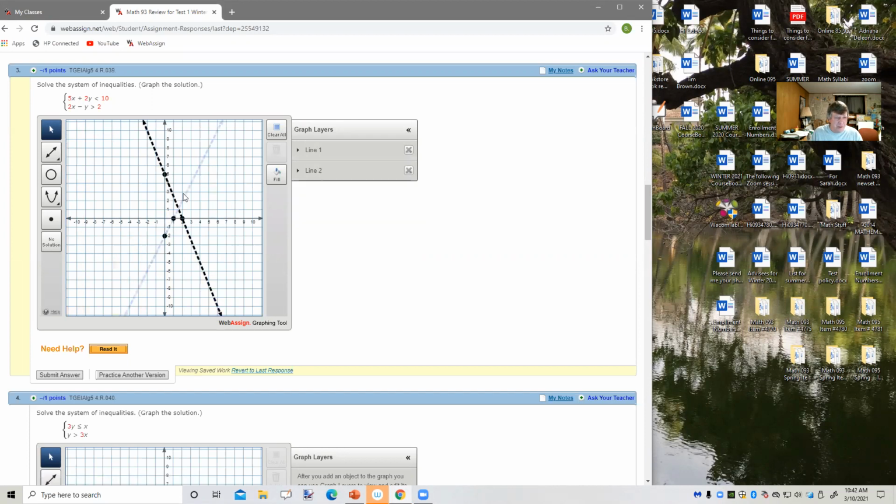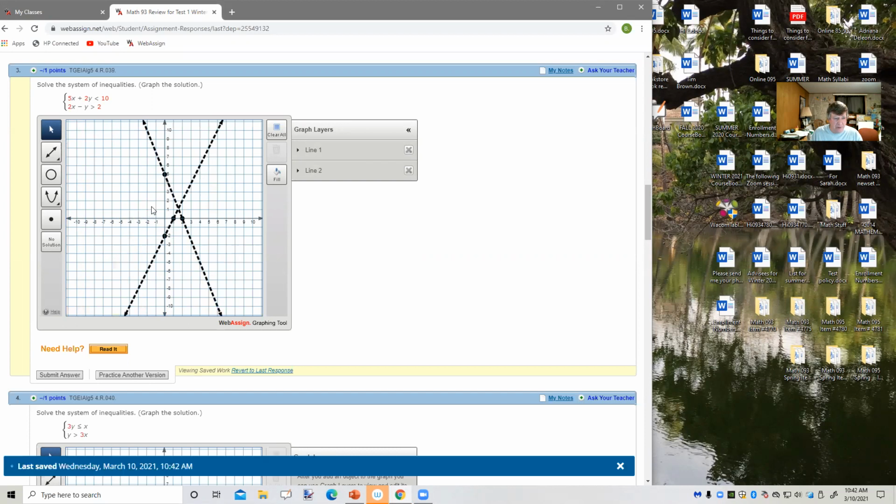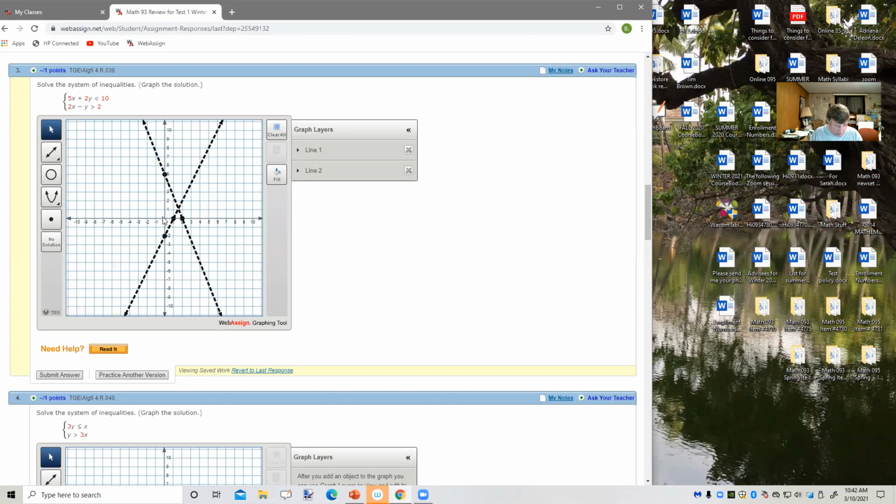I see that somehow I've gotten rid of the fill that I had. Recall that for the first inequality, the fill was down here. It included 0, 0, so it was below this first line. Let's take a look at the second inequality, 2x minus y greater than 2. So let's go back here.